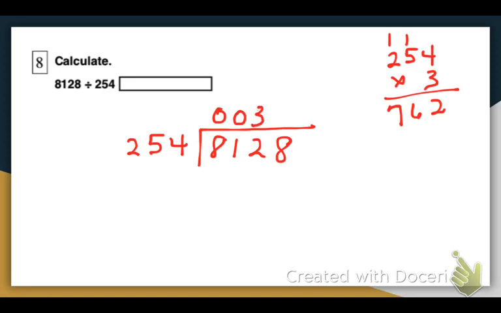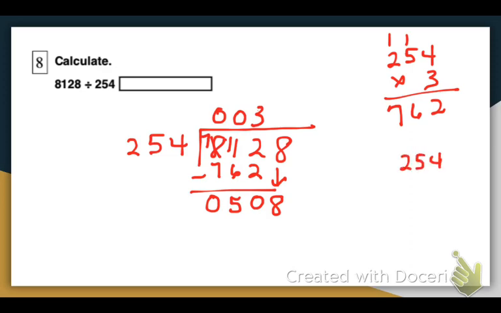Put a 3 up here, and I'm going to subtract 762. This is a 0. And I have to borrow and make 8 a 7, and then that makes that 1 11, so that's 50. That's 0. 50 is smaller than 254, so I can bring down my 8. 2 will go into 5 2 times, so let's try 254 times 2.